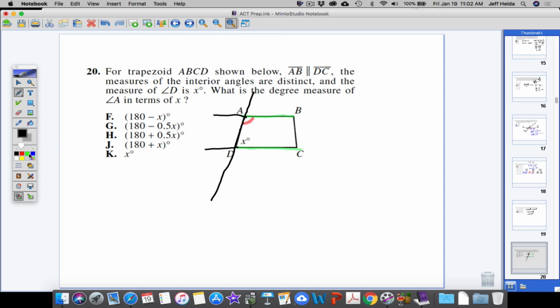So we will call this angle theta. So 180 is equal to x plus theta. Subtract x, 180 minus x is equal to theta. So the answer to 20 is F.